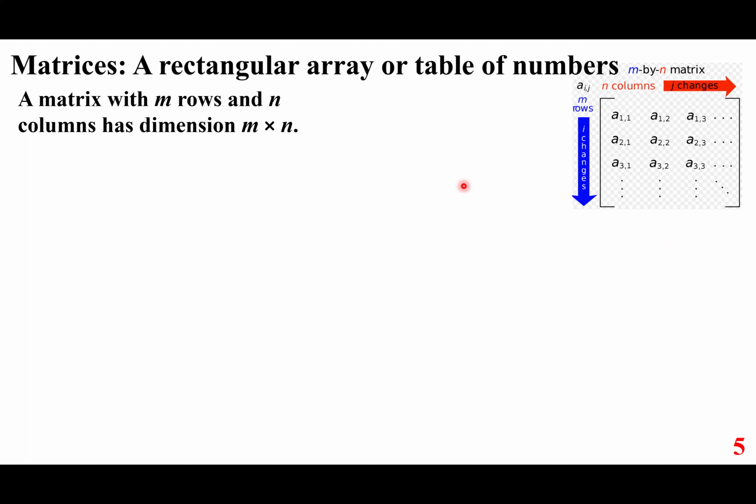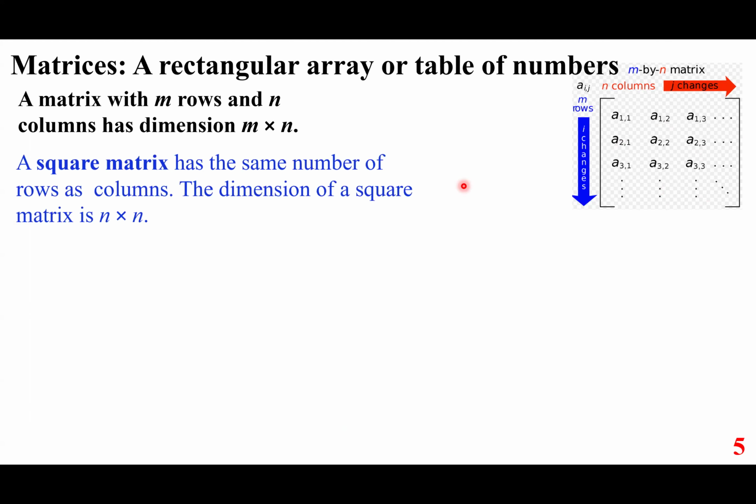M by n. That's i, and that's j, by the way, the ith row and jth column. A square matrix has the same number of rows as columns. The dimension of a square matrix is n by n.